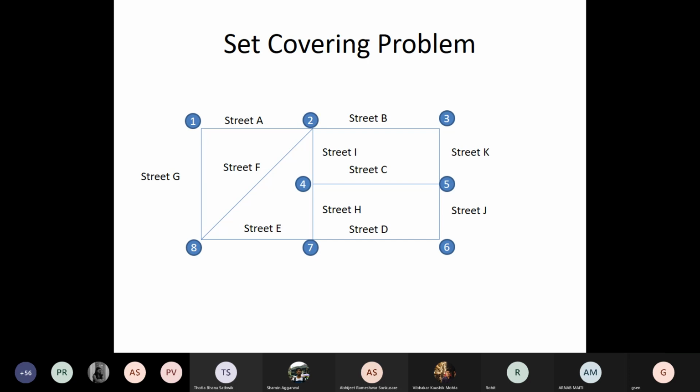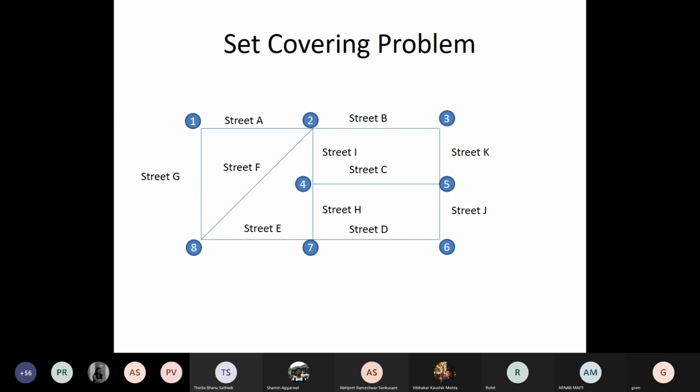Okay. Now, let us try our hands at another modeling example, which is the set covering problem. Those who are from a computer science background might have already heard about this problem or might be familiar with it.